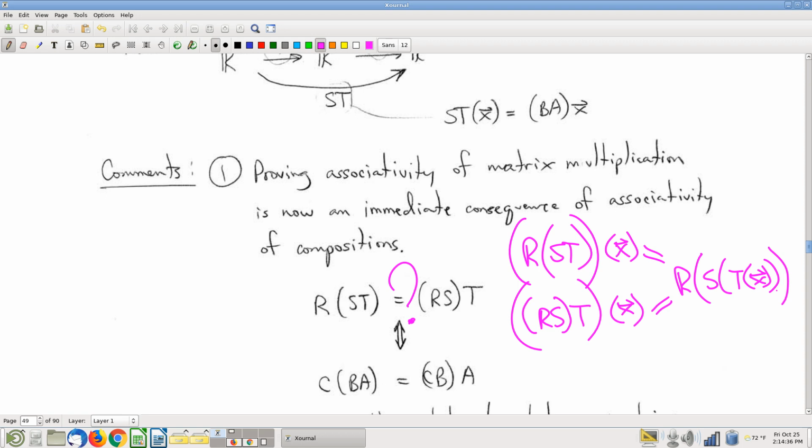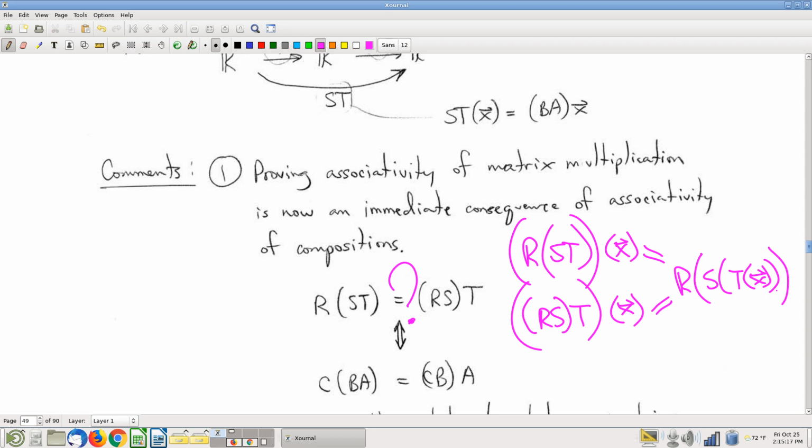And so, take this one on top, for example. This says, R times S times T. That just says what we're going to do to X is we're going to do R of S of T of X. Whereas this one here says R times S times T, which is R of S of T of X. In both cases here, we're doing T first, then S, then R. And where you put the dramatic pause doesn't make any difference in how these things evaluate.